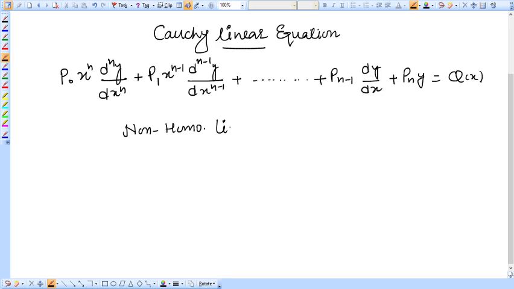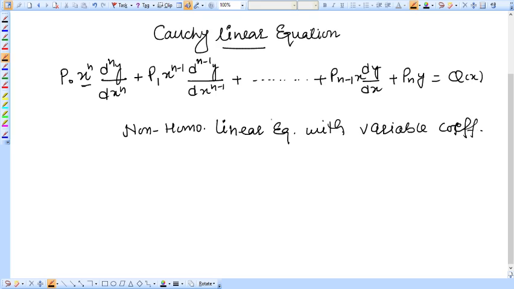So it is a linear equation with variable coefficients, right? I should have written x here because it has been multiplied with x. So therefore it is a non-homogeneous linear equation with variable coefficients.